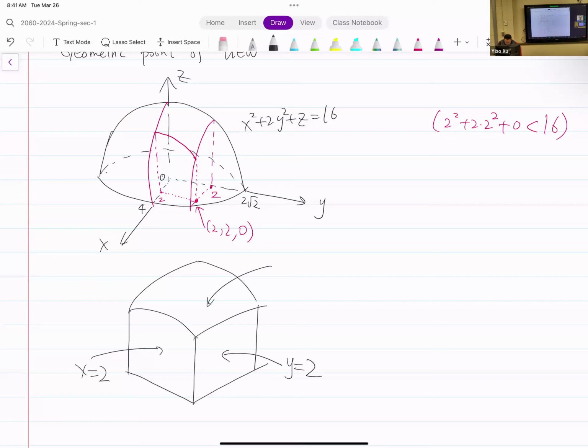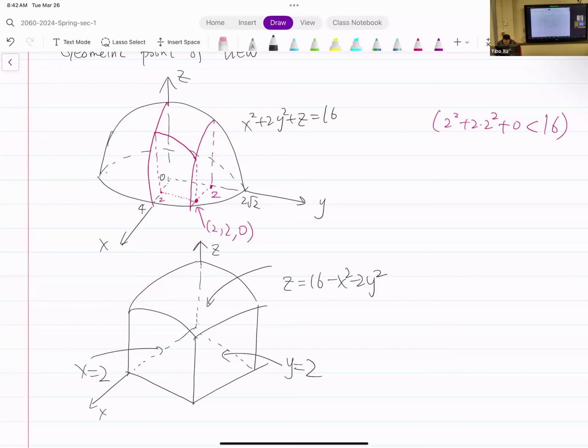On the top, we have x squared plus, well, of course, we can rewrite it so that z is 16 minus x squared minus 2y squared. Right? So this is the functional expression in terms of the solid. And if we want to fill up the transparent figure, so that's it.